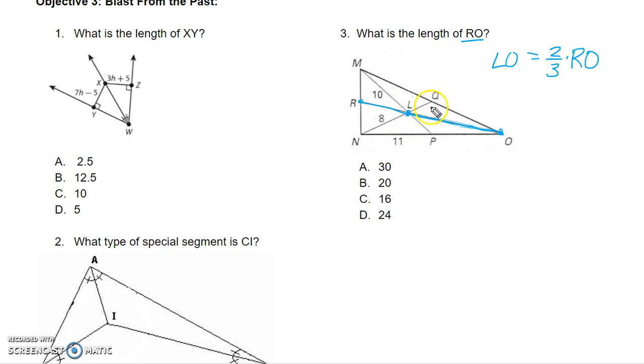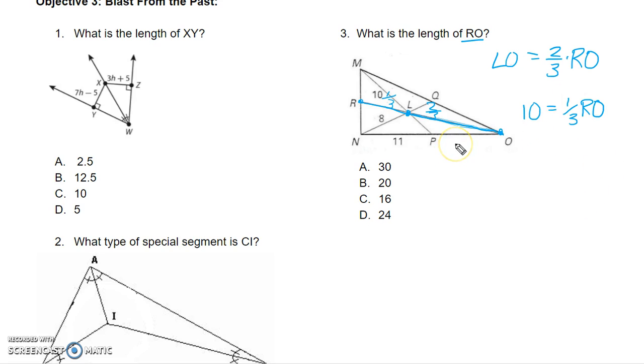Okay, and with fractions, if this is 2/3 of the length, then that means RL is 1/3 of the length because I have to have 3/3 to make a whole. So I know that 10 is 1/3 of the length of RO. If I need the whole length, then I need all 3 parts.